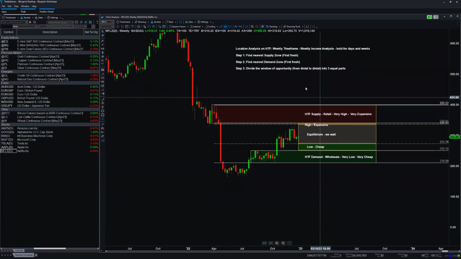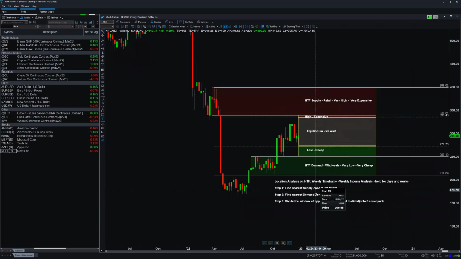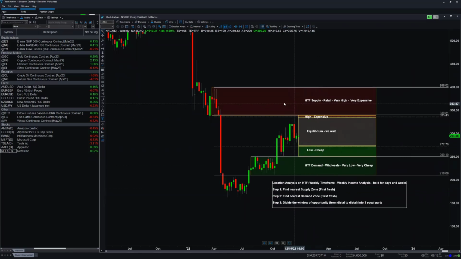And in this case, what we can say is that our supply and demand zones, they are definitely the first ones because they're the first ones that we found. But are they also fresh? Well, so far, they are still fresh, because price has not tested the zone on the preferred version.